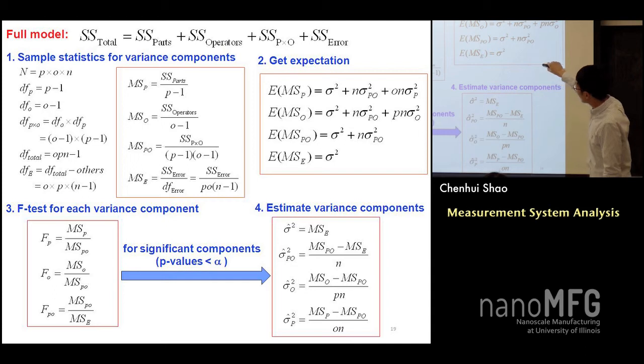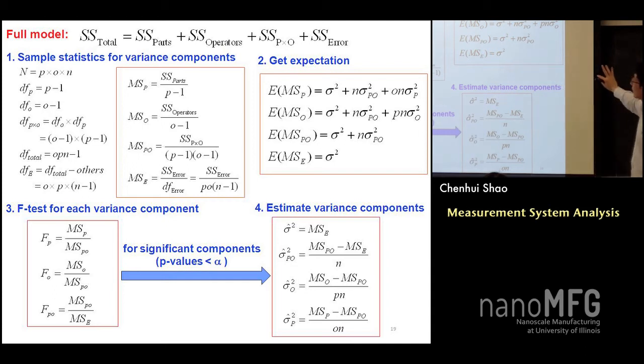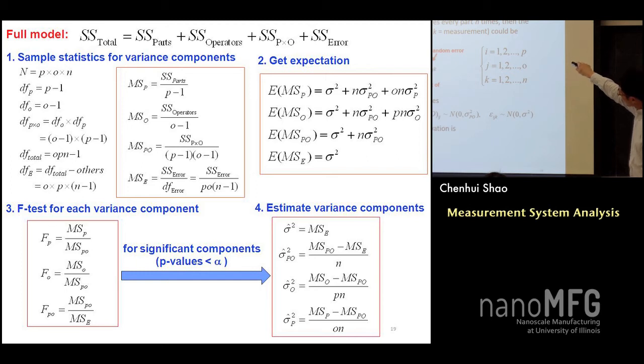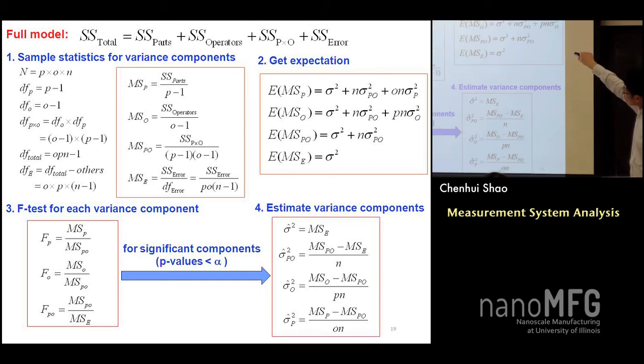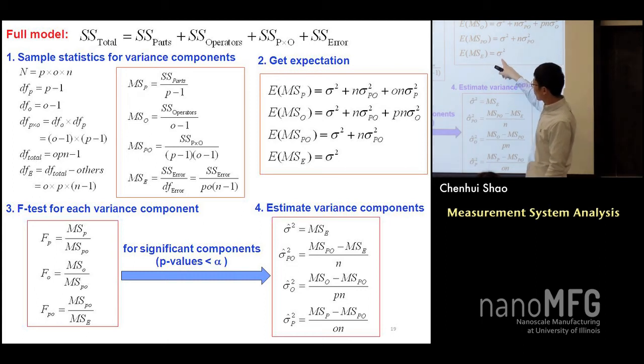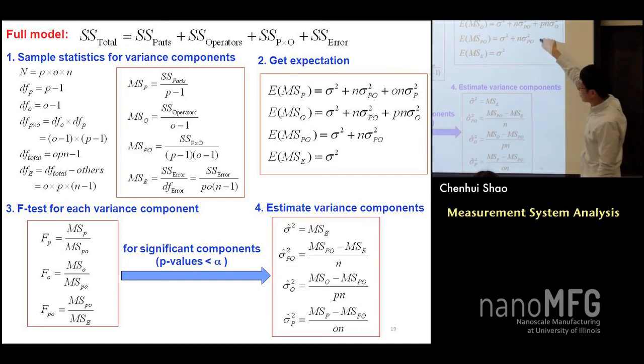Then the expectation of the mean square will be equal to the sum of variance terms. The sigma squared is the expectation of the mean square of the error term. For the operator, we have 2 terms, sigma squared plus n sigma PO squared. Similarly, we have that for all the terms here.